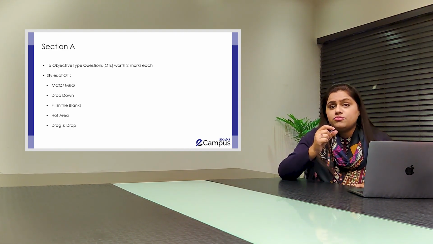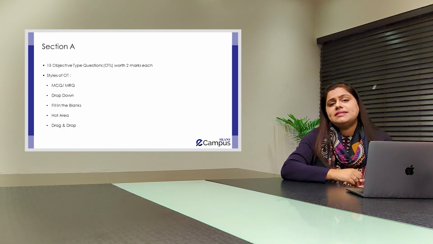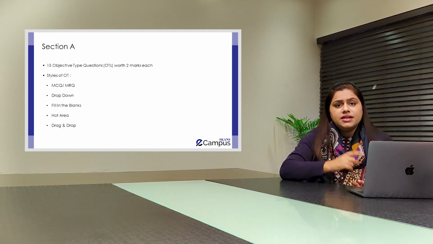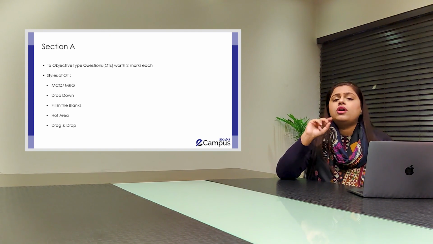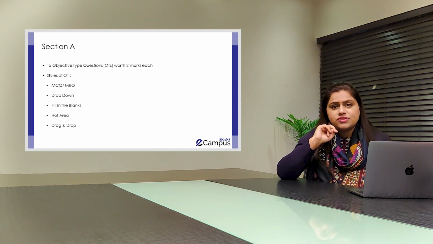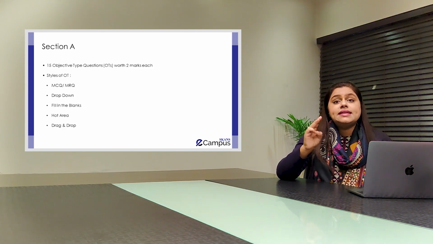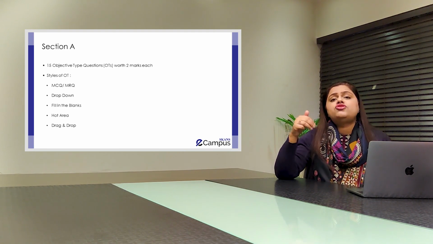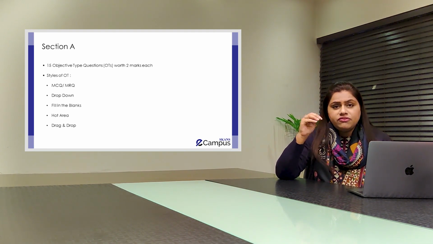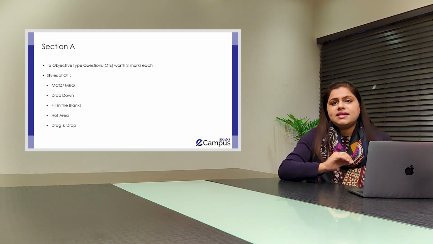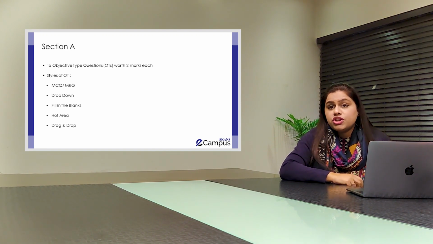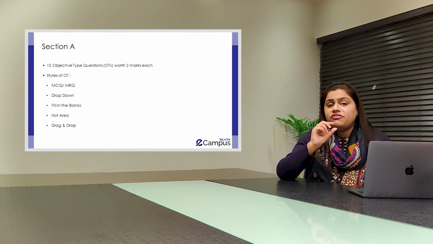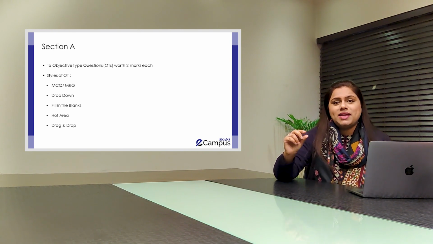The type of objective type questions commonly set in FR exam are number 1, multiple choice, or number 2, multiple response questions. Then number 3, selecting the correct answer from a drop-down menu. Number 4, entering the correct answer in a blank space, which requires, please remember, only figures or a decimal point to be entered.